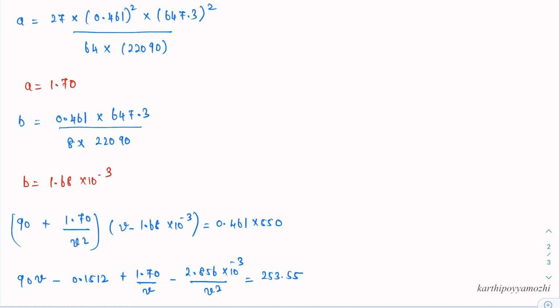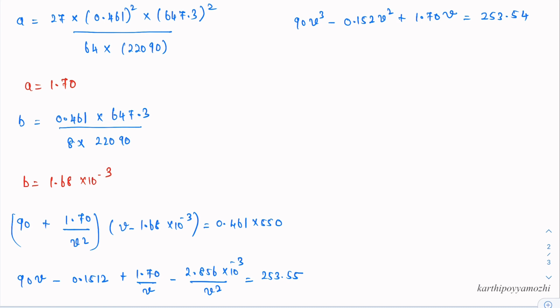On further calculation, the equation is reduced as 90 V cube minus 0.152 V square plus 1.70 V is equal to 253.54.